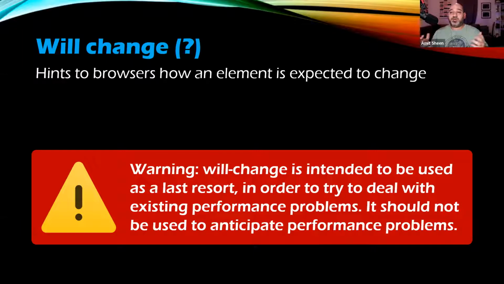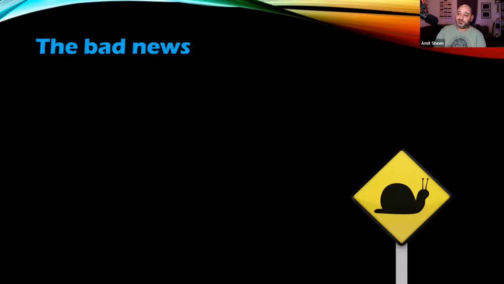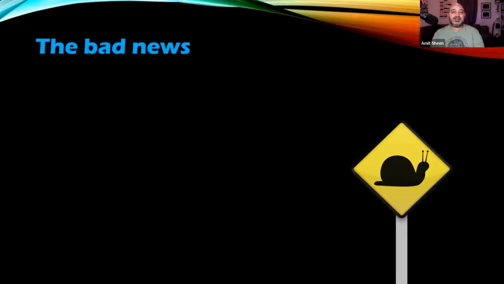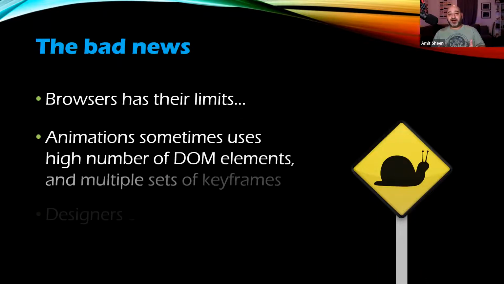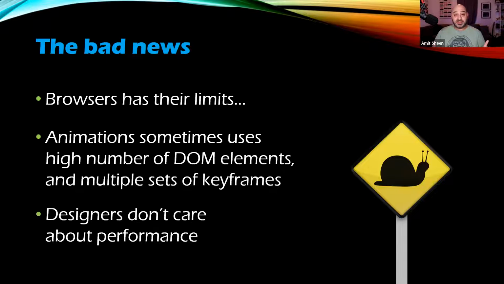And while we're on the subject of warnings, let's talk about the bad news. The bad news is that sometimes your animation will be slow. The browser has its limits, and if you're animating 1000 divs and using box shadows and things, then things might become a bit heavy.